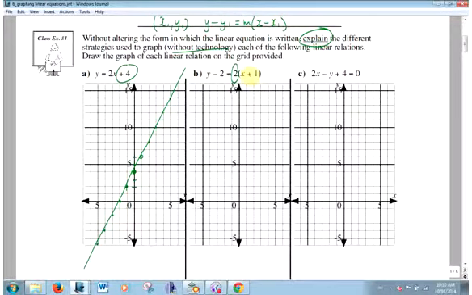So what's my point here? Minus 1, 2, okay? So if I'm going to write that in the same form here, y minus 2 is m times x minus 1. Okay?